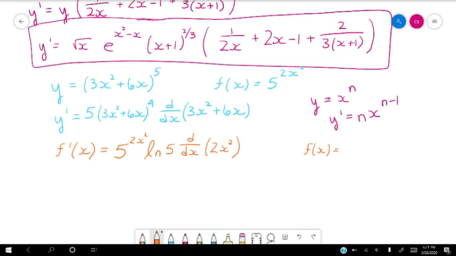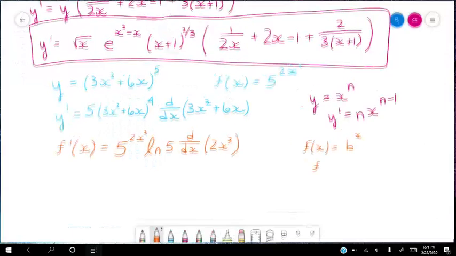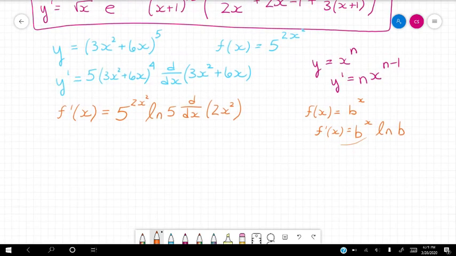If we have base b to the x, so a constant raised to a variable, f prime of x is equal to b to the x times the natural log of b. Okay, so that's our brief little review. We have our very simple examples, and we saw that we could get much more complicated, using the chain rule and such.